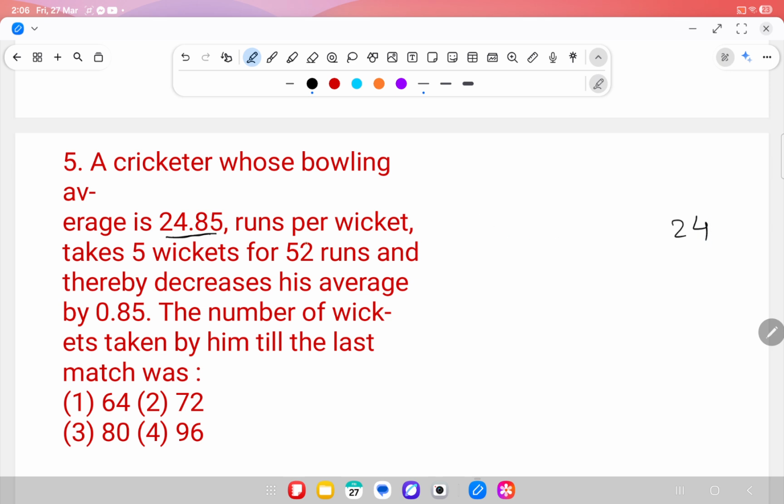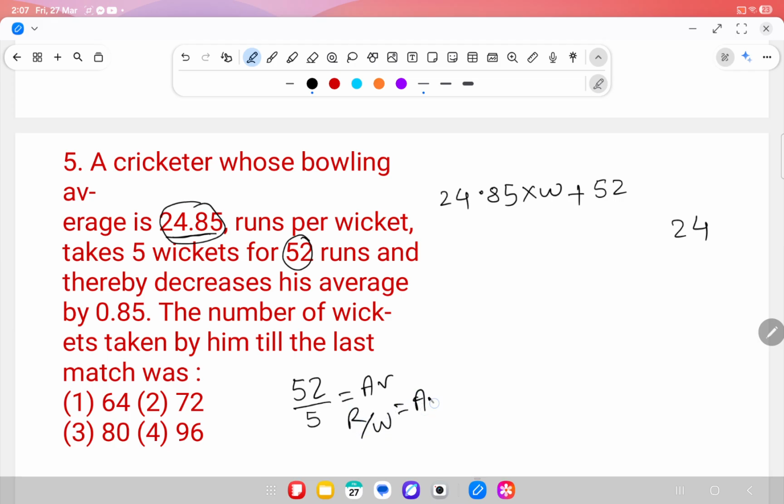So first of all, how many wickets? First of all, for how many innings, we don't know. The 24.85 bowling average will be taken with respect to wickets, into W, plus 52 runs. Actually 52 runs by 5 wickets gives the average, means runs by wickets is equal to average.